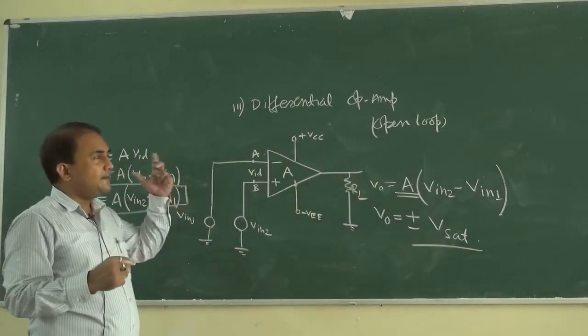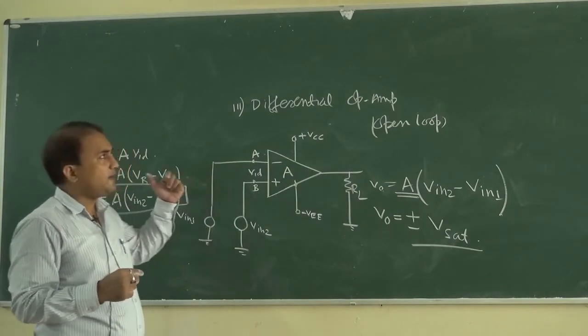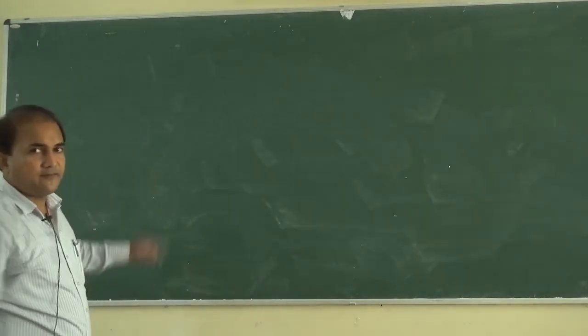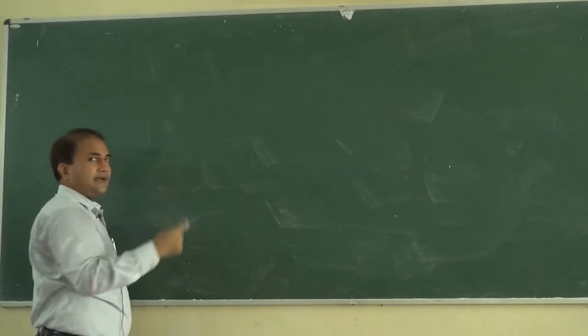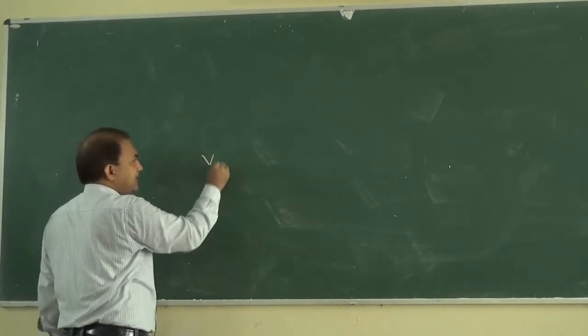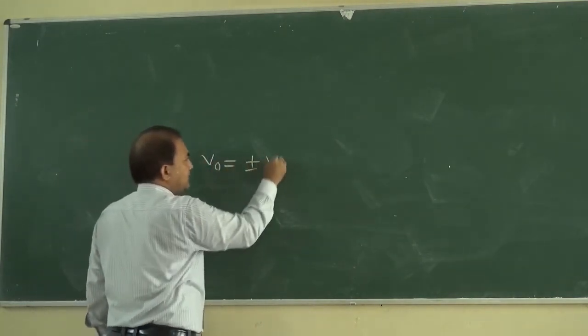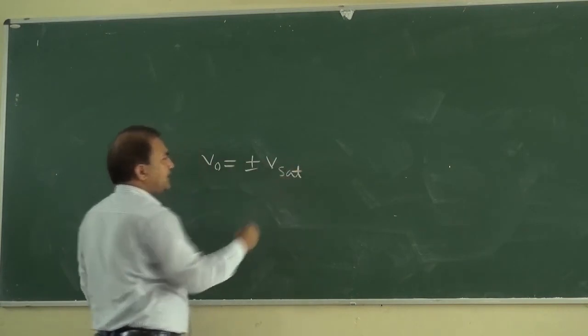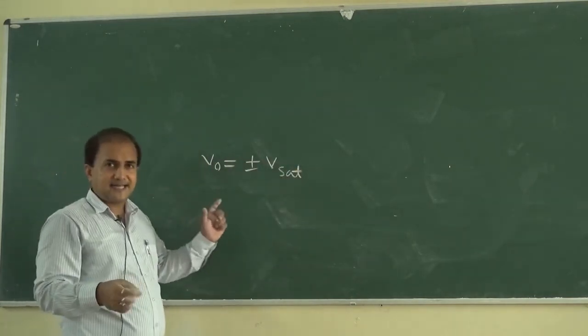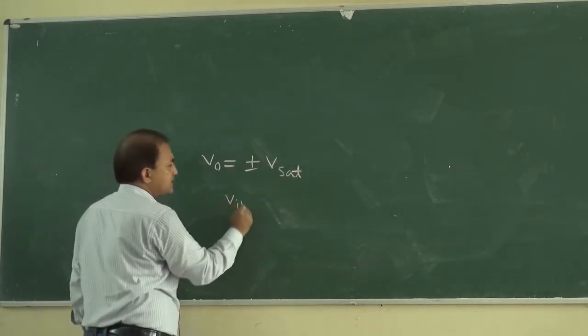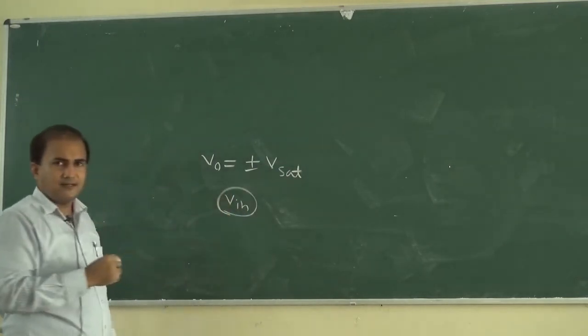Okay, so this is the main disadvantage of open loop configuration. In open loop configuration, the main disadvantage is that V output goes to plus or minus Vsat even for a very small input voltage.